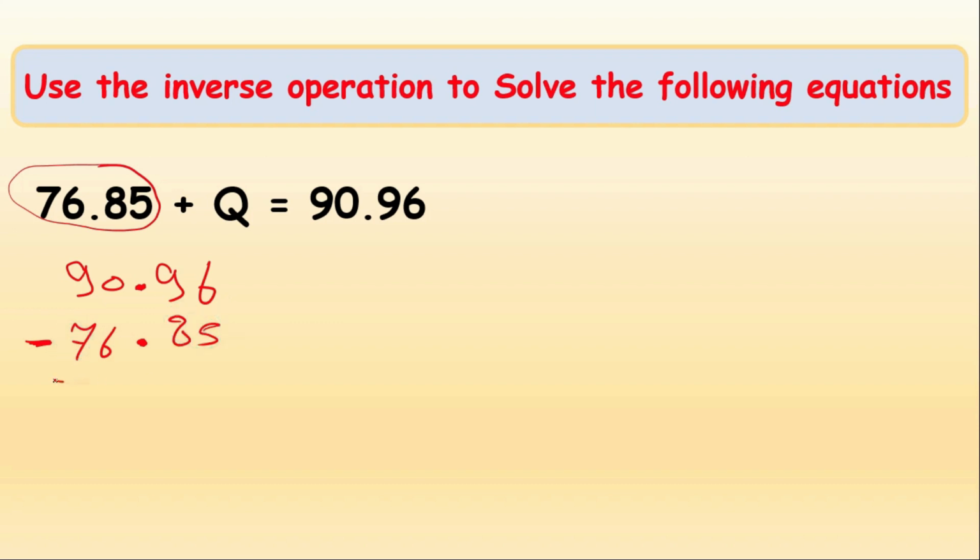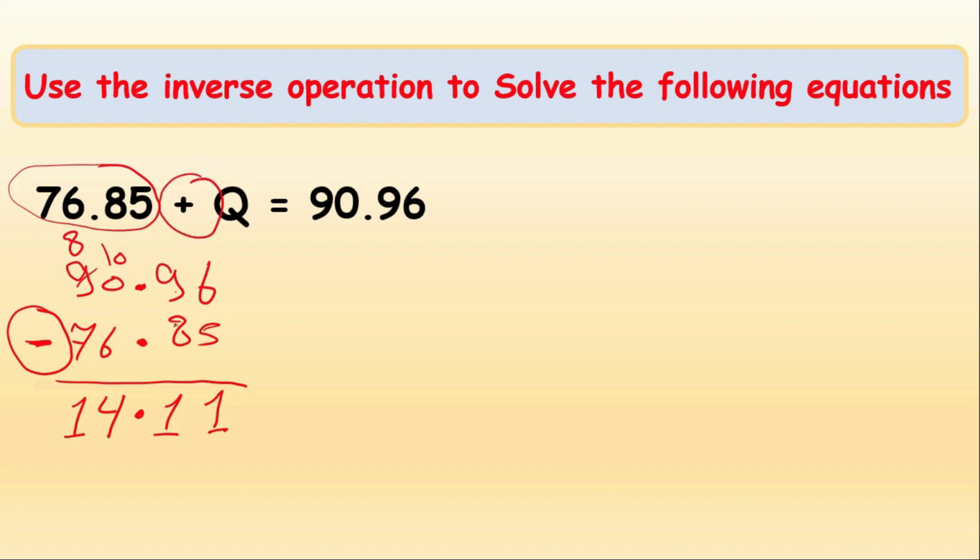Now you subtract. 6 minus 5 equals 1. 9 minus 8 equals 1. Don't forget to drop the decimal point. 0 minus 6 can't be done, so by borrowing, it will be 8 and 10. 10 minus 6 equals 4. 8 minus 7 equals 1. So you can solve it using the inverse operation of addition, that is subtraction.